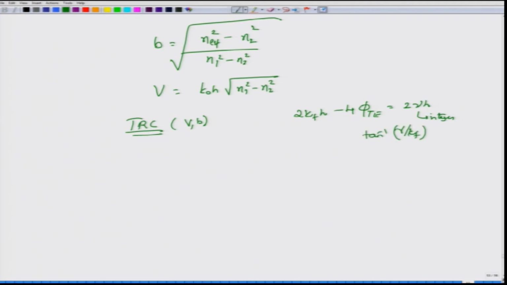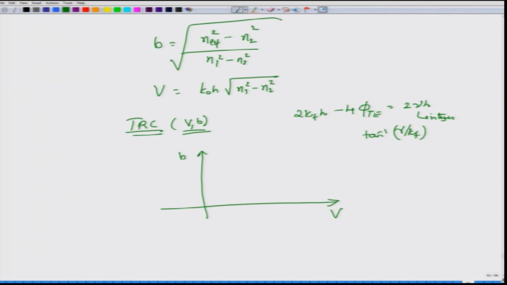With the help of V and B, you can transform the TRC equation, which depends on gamma and kappa f, into an equation which depends only on V and B. The universal graphs that you can plot mean that you do not need to worry about which waveguide you are calculating. You can calculate in this normalized way and then apply it to your waveguide. You can scale these values.